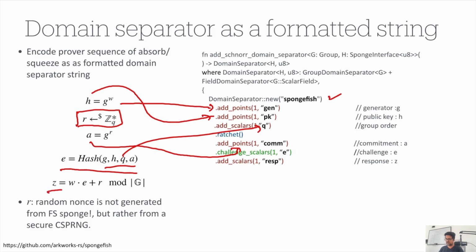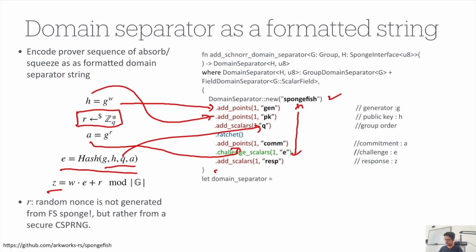So every piece of data that you generate is always added to the sponge. This is basically a sequence of operations. Note that I have not put the actual data here. I have only encoded the sequence of operations in a string.